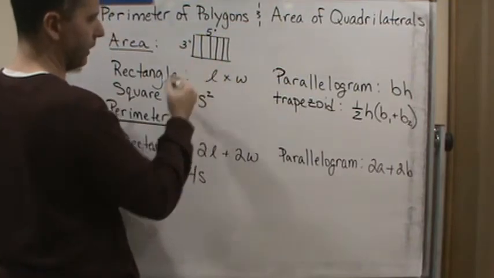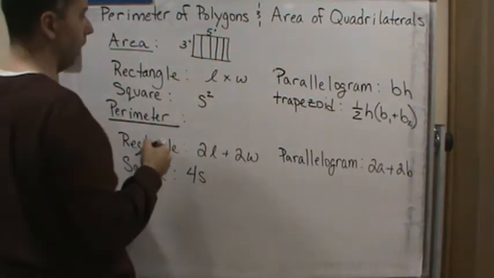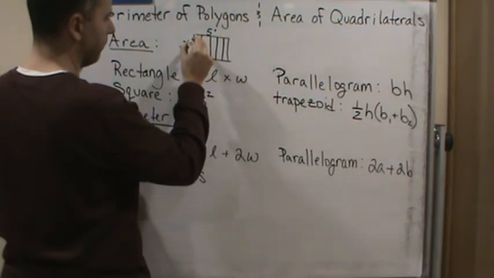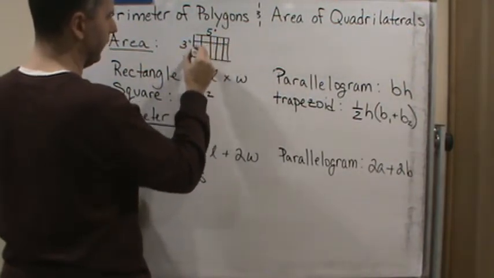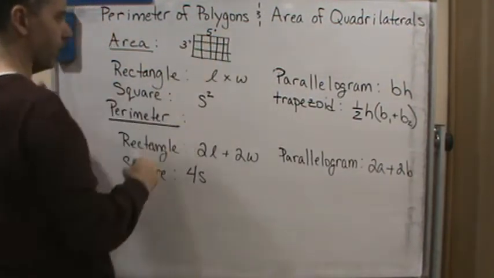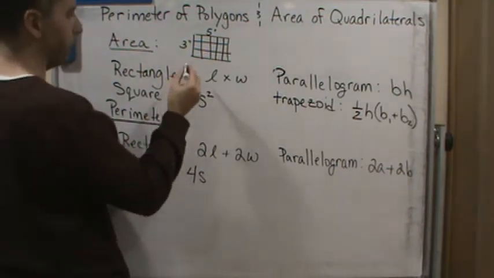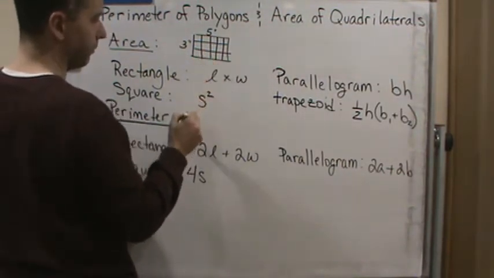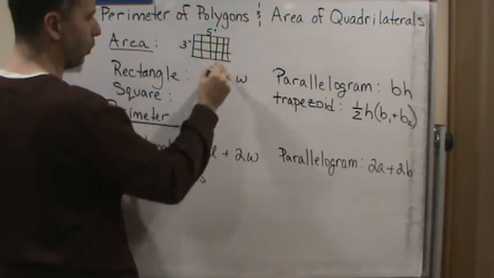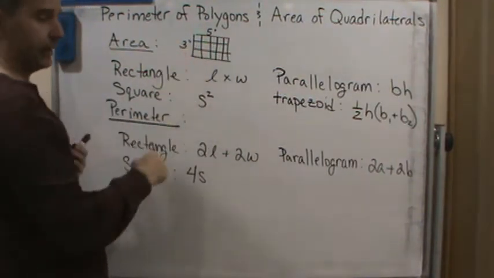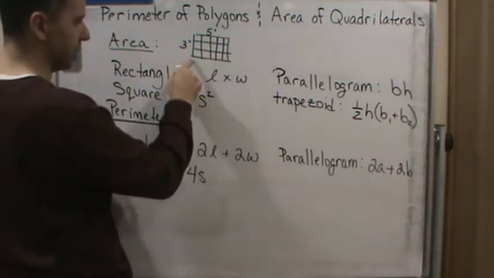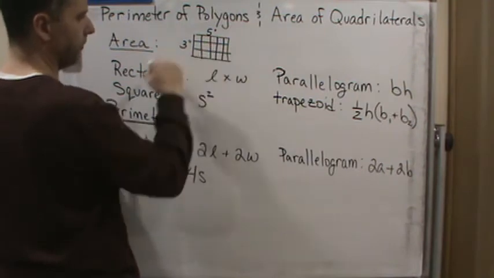Again, pretend these are nice even bars. And then we can divide it into 3 equal squares going down, and then we end up with square units. And so how many square units makes up this rectangle? Well, it's going to be 15. If we just count the squares, we get 15.